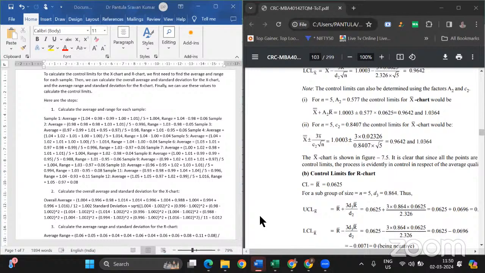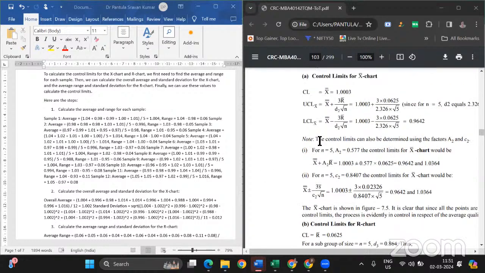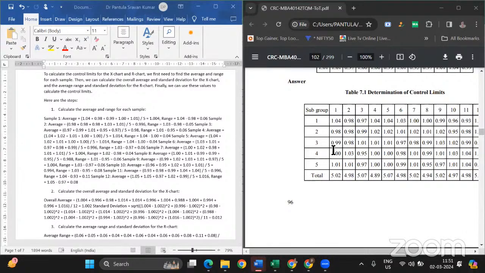Yes, sir. Right. Now here the sample average, that is nothing but X bar 1.03. So here the range is equal to 1.03 minus 0.98. We need 0.98. Where is 0.98? The lowest one, sir.